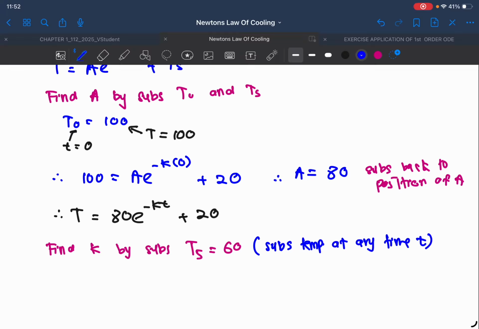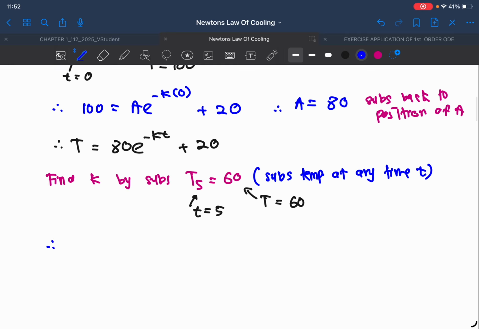In our case we have T5 equal to 60, which means our small t is equal to 5 and our temperature is equal to 60. So now we have 60 equal to 80 e to the negative k multiplied by 5, plus 20.